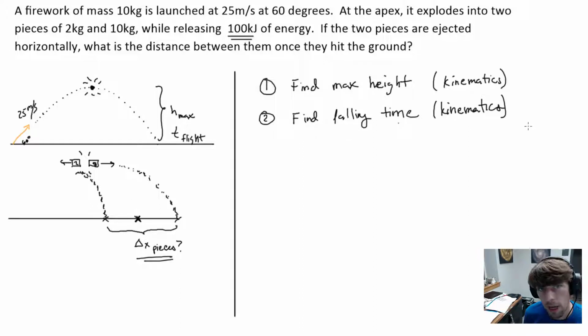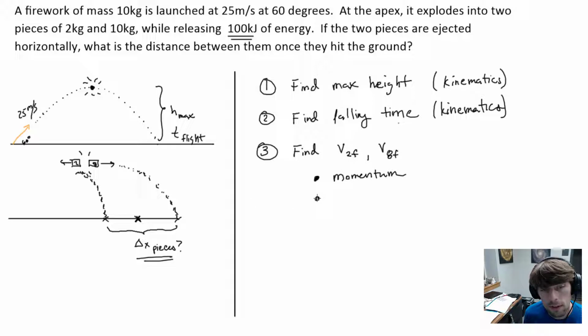Still wholly in kinematics. Now the other piece of information that we're going to need is that we need to find the final speed of the 2 kilogram mass and the final speed of the 8 kilogram mass. And we recognize that, oh, okay, we have a collision process, so we're going to use momentum. Right, this is another collision process in reverse.